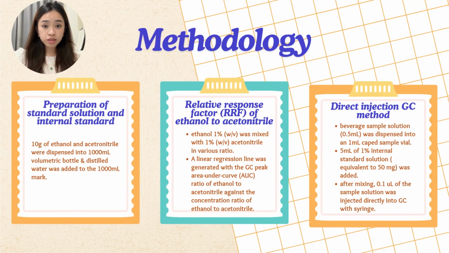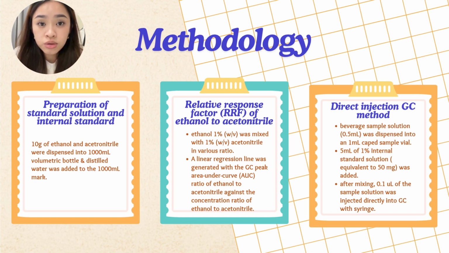Let's begin with the methodology used in this experiment. First, we prepared the standard and internal solutions. This involved mixing 10 grams each of ethanol and acetonitrile into a 1000 ml volumetric flask, then adding distilled water to reach the 1000 ml mark.